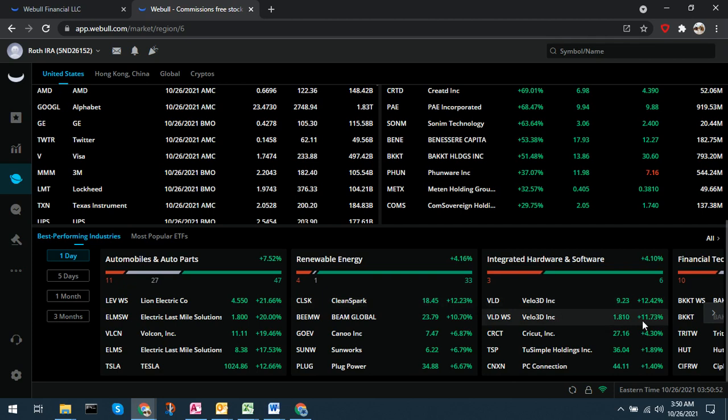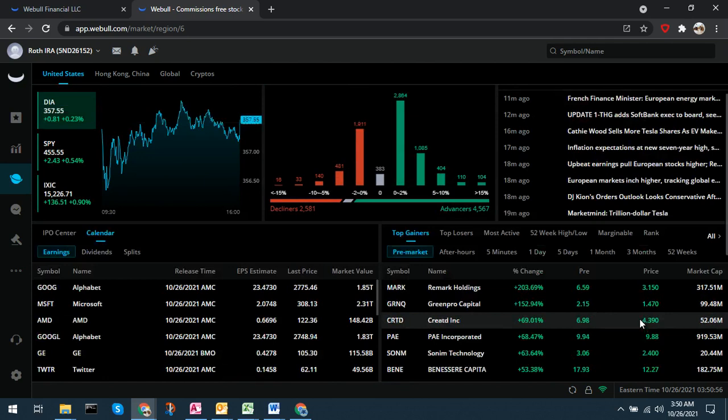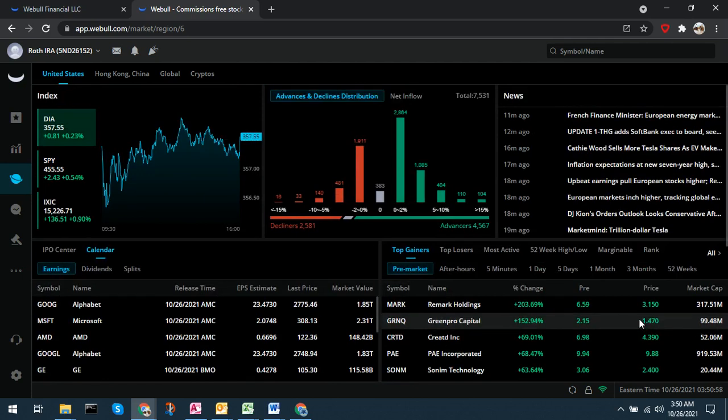So again, we find this very useful. The Markets tab in Webull we find a great tool. Tons of functionality, as you can see, depending on what your interests are, what you're trying to trade. There's functionality here that you can use to be more successful in your trading.